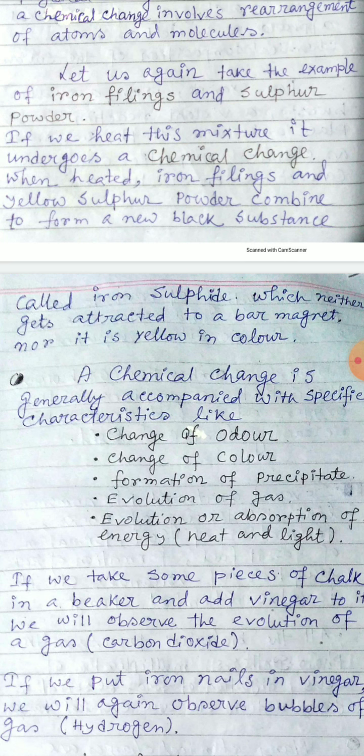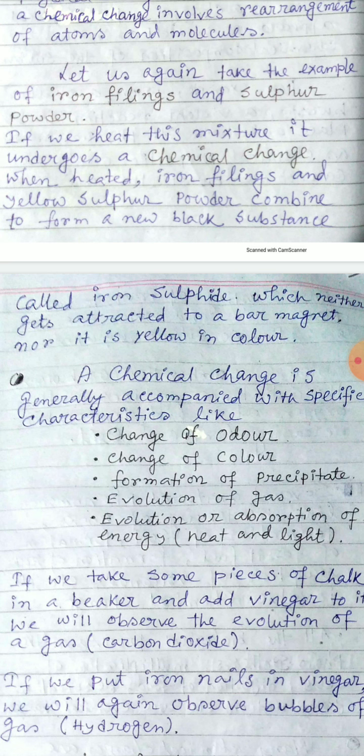Iron is attracted by a bar magnet, but the product iron sulfide is not attracted by a bar magnet, nor is it yellow in color like sulfur.